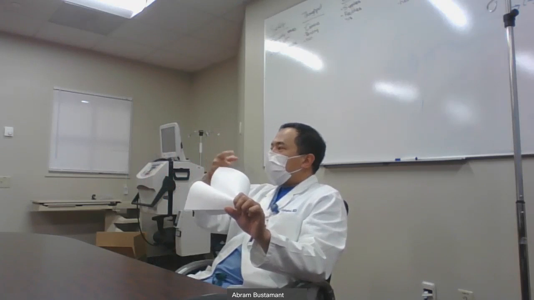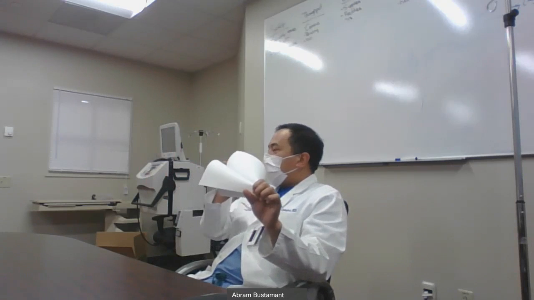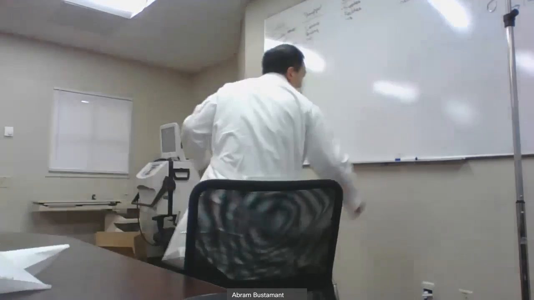Mostly it's 2. In some variants, people who have anomalies might have 3. But essentially you have 2. One is the left coronary artery, or we call it the left main coronary artery, and then one is the right coronary artery. I should draw it because that'll be easier to see.